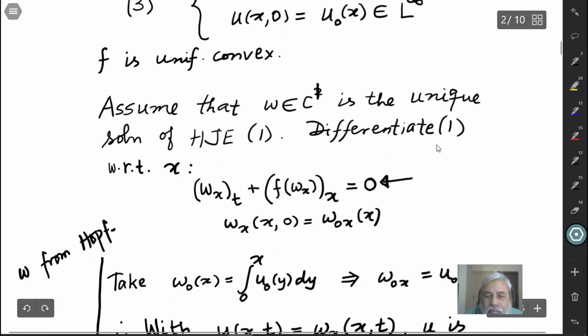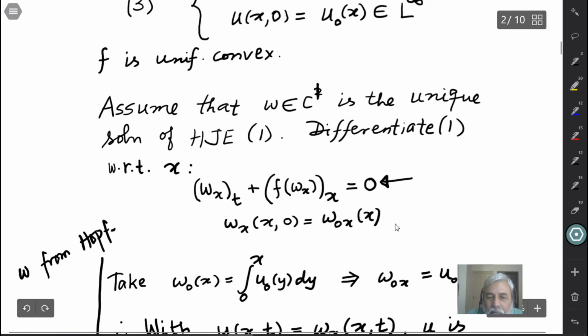Then we can differentiate the Hamilton-Jacobi equation, equation 1, with respect to x, and obtain this equation for the first derivative, the derivative of w with respect to x, that is w_xt plus f of w_x, x equals 0, and w_x at time 0 is w0 prime.